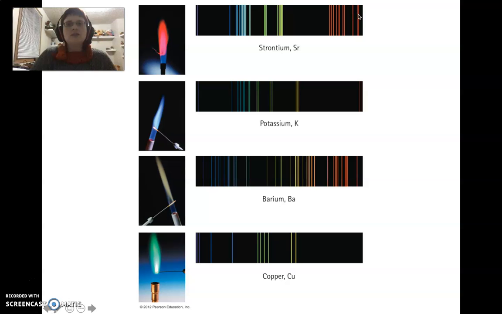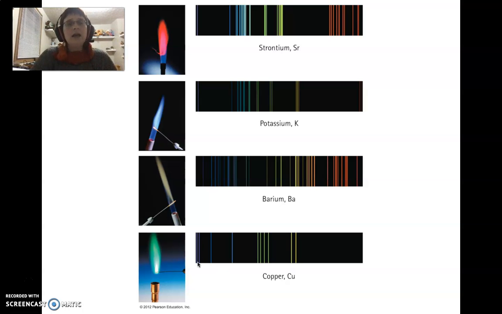For strontium there are just a few red, orange, no yellow really, some green, maybe a little green yellow, light blue, dark blue, and one way over in the violet, and that's it. Potassium has a very different pattern, barium has lots of various bands, and copper has very few bands: some yellow, green, a couple blue and a couple violet.